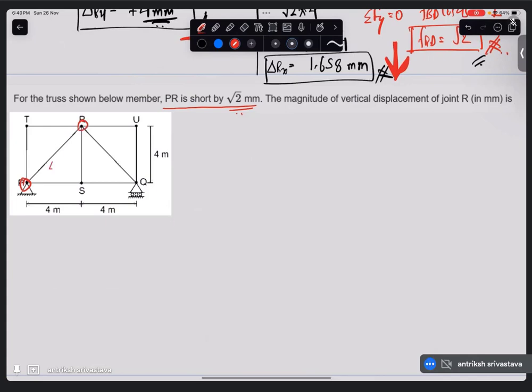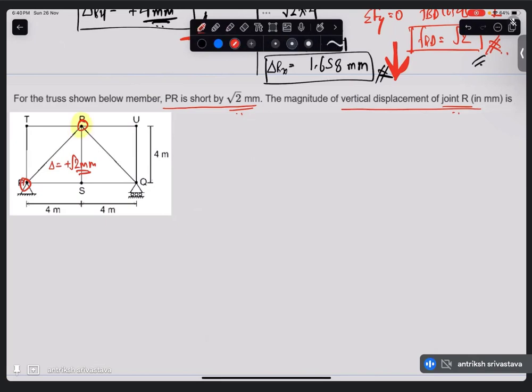But the delta is actually plus root 2 mm. It got extended by root 2 mm. The magnitude of vertical displacement of joint R is: now they are asking what is the vertical displacement at joint R.